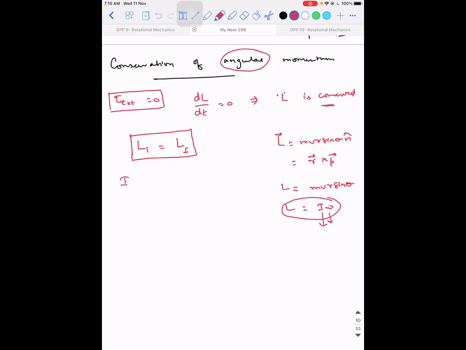So can I write I1 omega 1 is equal to I2 omega 2? This will be the mathematical condition for the case where angular momentum is conserved. Got it, guys? Yes, sir. So it's the simplest explanation.